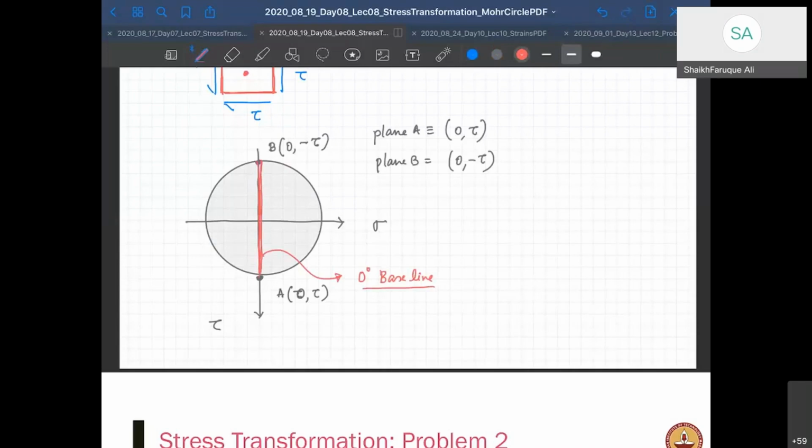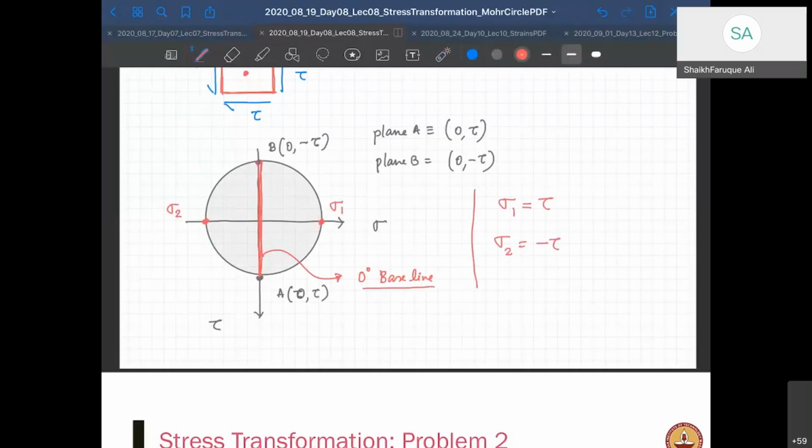Now let's look at principal stresses. What are its principal stresses? This is sigma 1, and that's the minimum principal stress, sigma 2. So sigma 1 is equal to tau, and sigma 2 is equal to minus tau, compressive, on the other side.